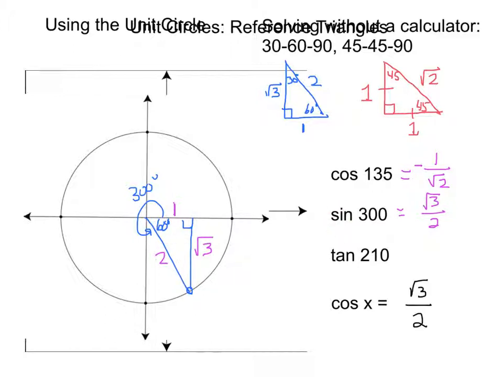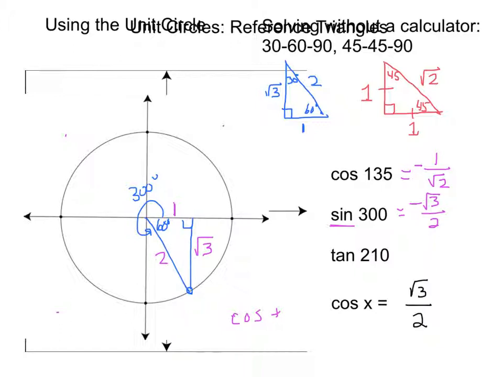Now double check that the positive or negative is correct. For sine, you use a shortcut: All Students Take Calculus, which means that cosine is the only positive in that quadrant, so sine has to be negative. That's your shortcut.